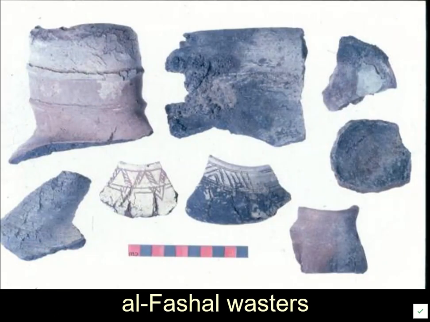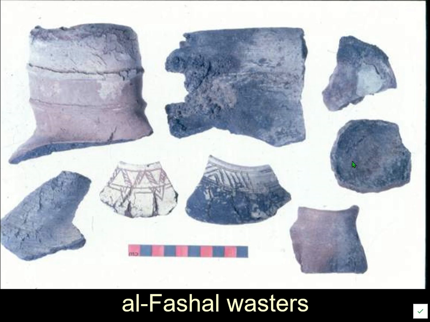So this is the other site I mentioned, Al Fashal, and here you can see it's covered with wasters. And so this was found in a later season. In this village, there was this big mound of ash, and in it were all these wasters, so there was clearly a lot of pottery being made here. All of this is about the 12th century or so.